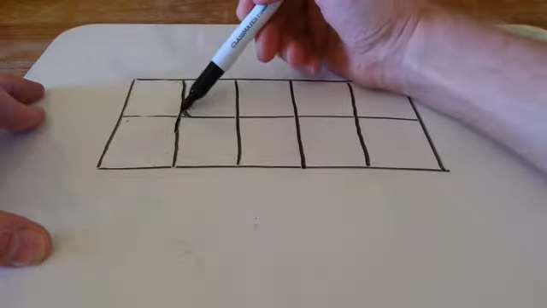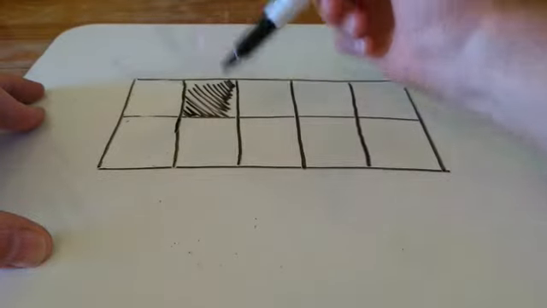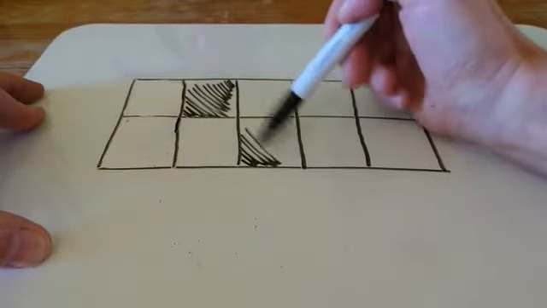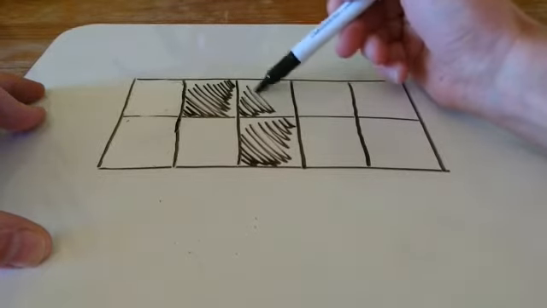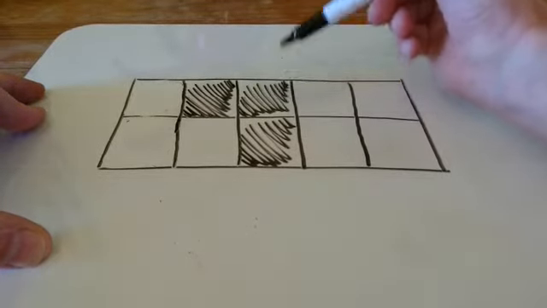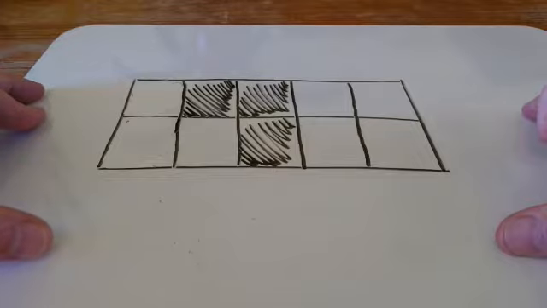Here we go. How many tenths have I coloured in? I want to write that as a fraction. So pause the video, write the fraction, and let's see if you get it right.